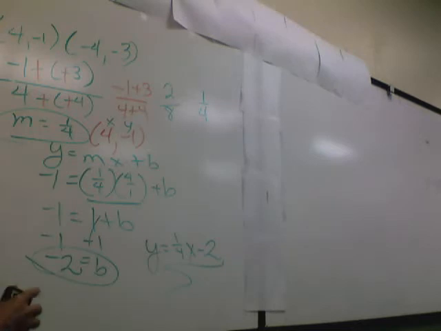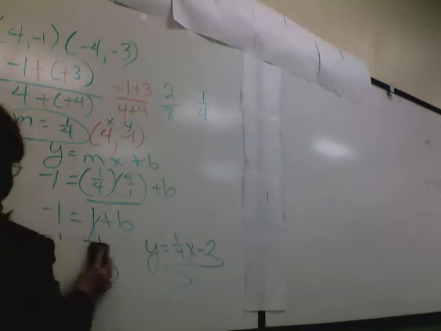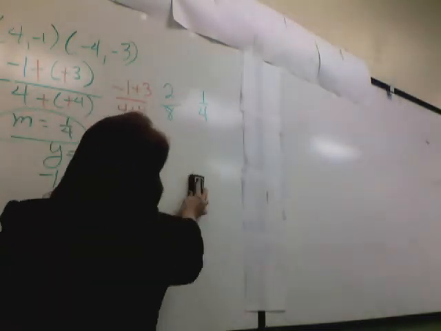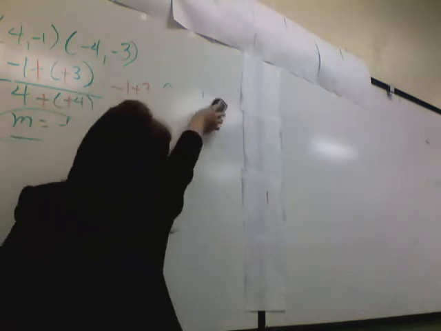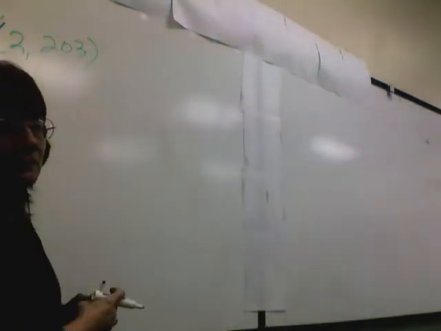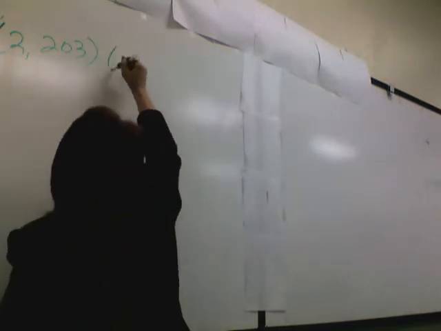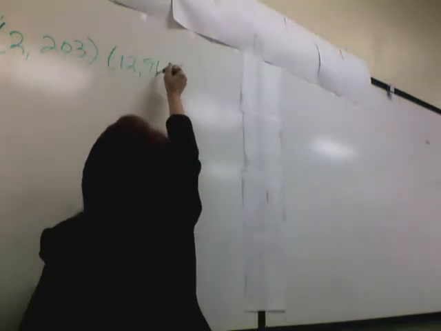I'm going to write down the points that it tells on that graph. Okay, what are the 2 points that it gives us on that graph? What number are we on now? On number 29. 2 and 203. 2, 203, and the other point? 12 and 956. 12, 956.